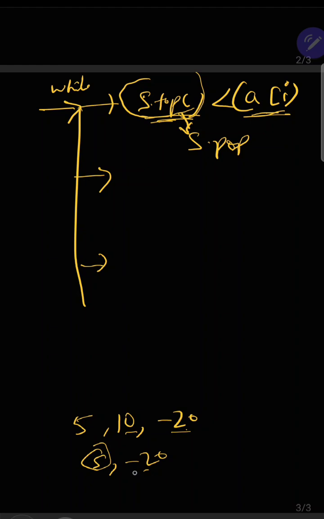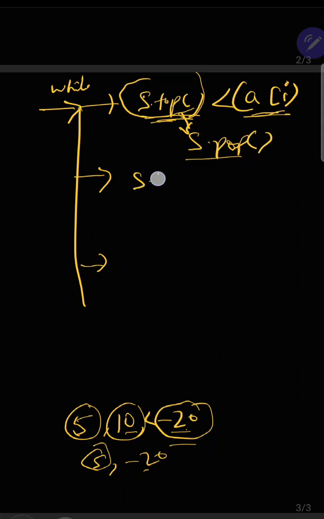When we are pushing, we will push positive magnitudes into our stack as they are, but when a negative is coming, three conditions can happen. One condition: if the magnitude of the upcoming is greater than the existing one, then we will pop. If the magnitude of the top is greater than the upcoming asteroid, the upcoming one will explode.